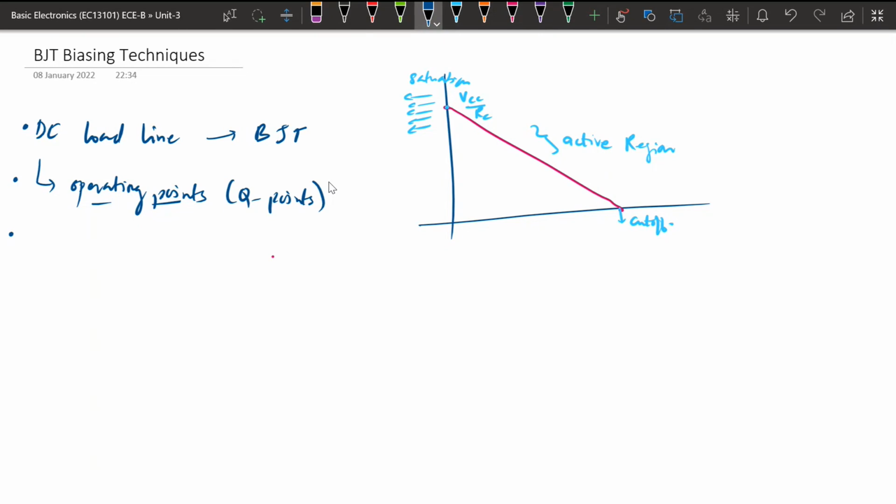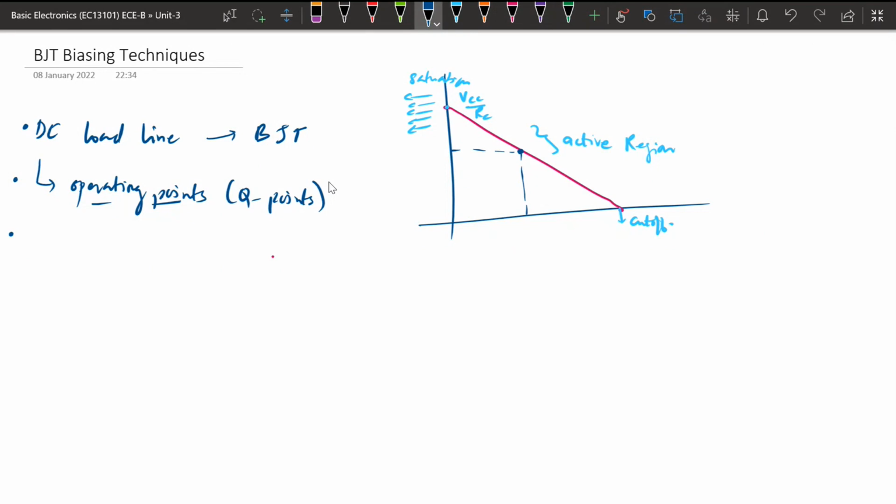If BJT is working as an amplifier, the operating point should be within this active region, and also to have a proper operation of the BJT as an amplifier, the operating point should be at the middle of the load line. The middle of the operating point line will be the optimum, most efficient operating point at which the BJT should be working, so that the amplifier does not have any distortion.